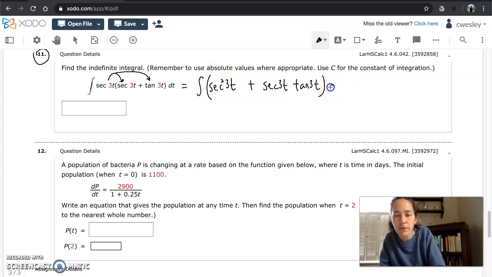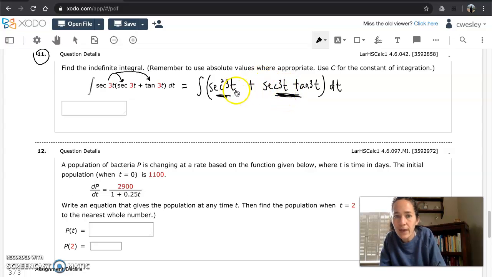All taken with respect to the variable t, like that. And I have 3's in my problem. This is from our list of trig antiderivatives, as is this. The antiderivative of secant squared, if I look at the list, is going to be tangent. Antiderivative of secant tangent is going to be secant.